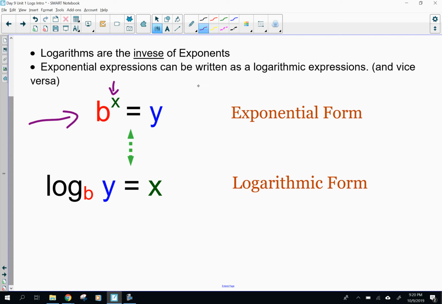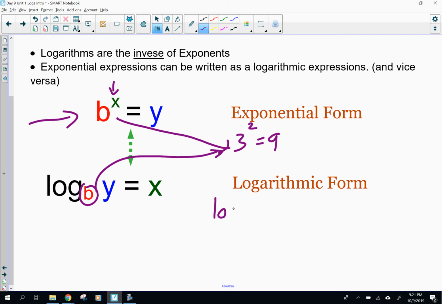So for instance, if you know that 3 squared is 9, you could write that in logarithmic form, and the base is 3. So you write log base 3. It hangs a little lower. It's a subscript, where an exponent is a little higher, called a superscript.